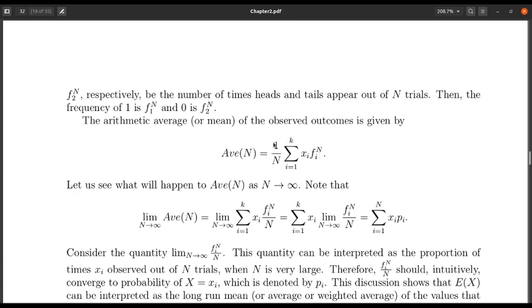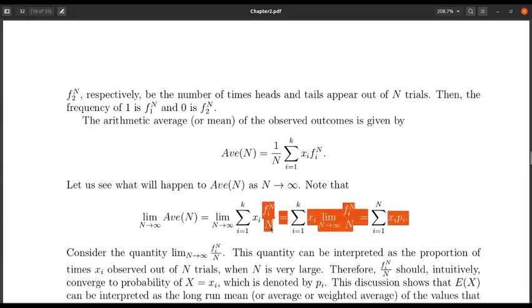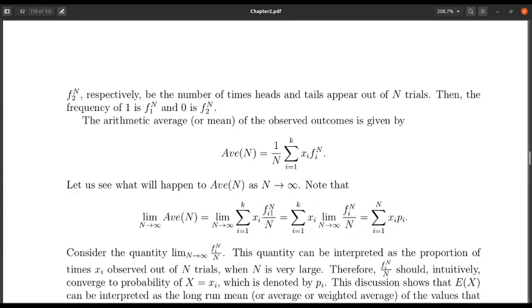Now think about what is going to happen if I take N very large, that is, N goes to infinity. Clearly, this is the limit of this quantity, with the N put inside, so I can write it as the frequency divided by N. This quantity, frequency divided by capital N, is the proportion of times I observe xi out of N trials.